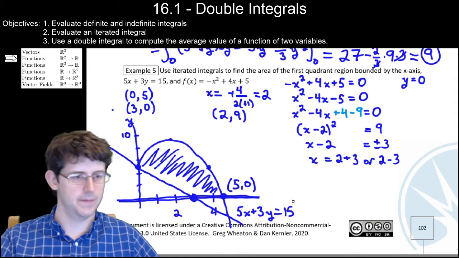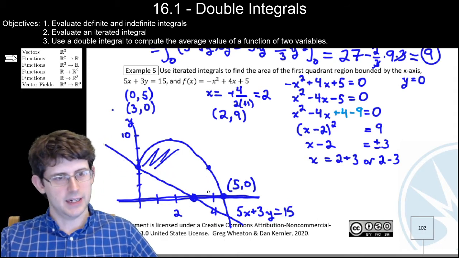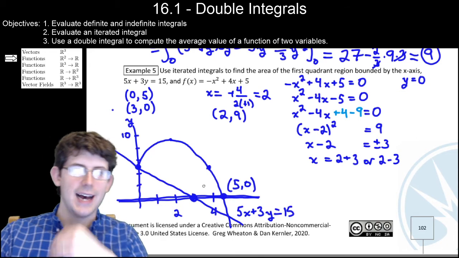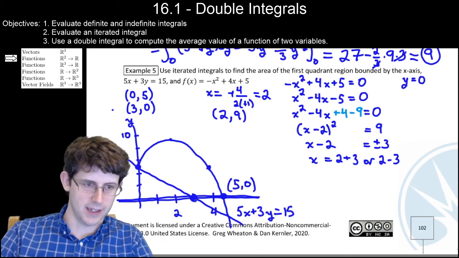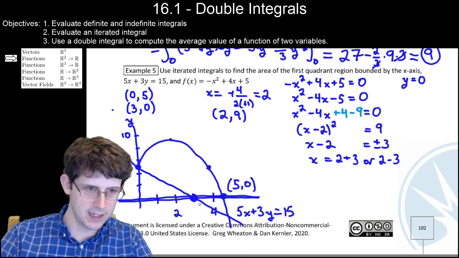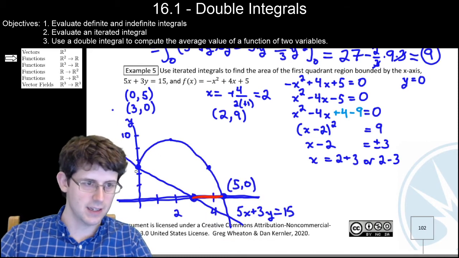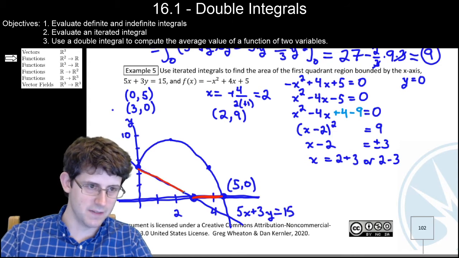The problem here is that the region's not simple. It's not vertically simple because, let's outline it, the bottom of the region is here for part of it, and the bottom of the region is this line for another part.